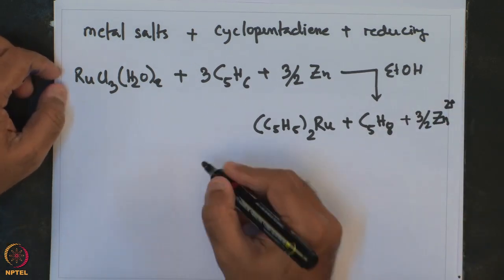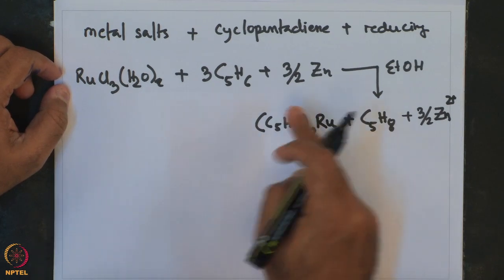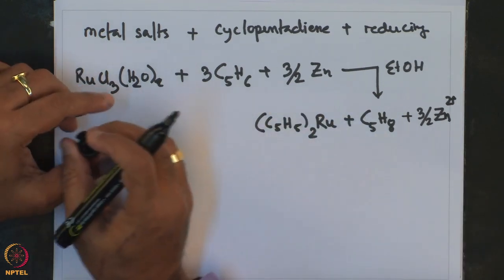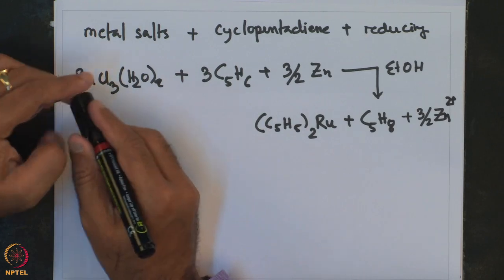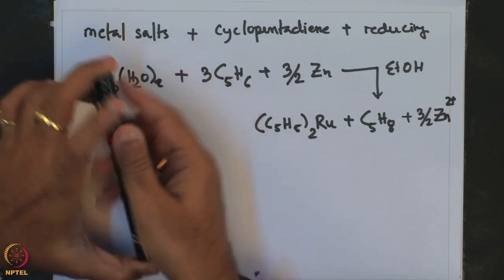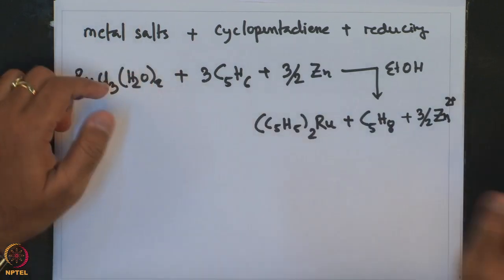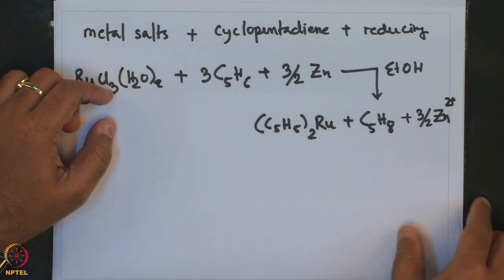So, in some cases a reducing agent is necessary, and here is an example where zinc was used as a reducing agent for carrying out this reaction.